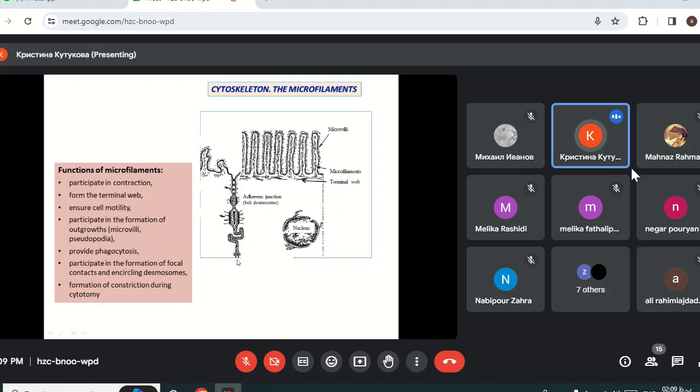So here you can see the border between two cells, and one of the specific junctions between these cells includes these mustache-looking fibers of microfilaments. And also microfilaments provide formation of constriction during cytotomy, during cell division.